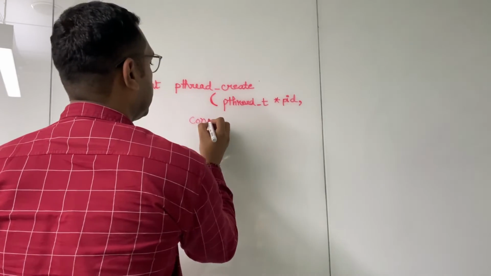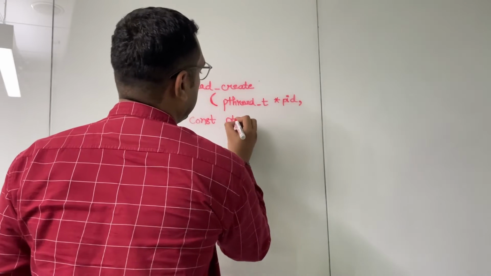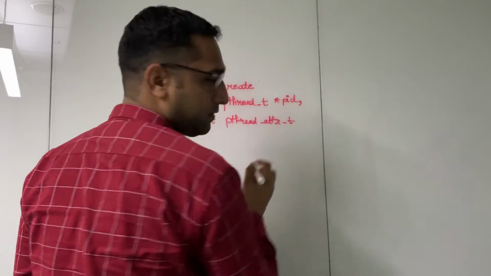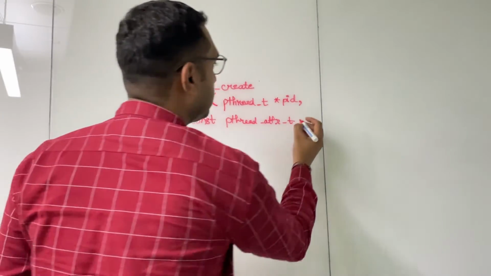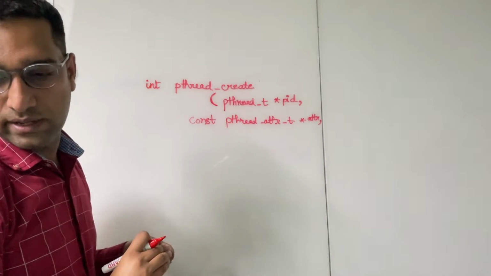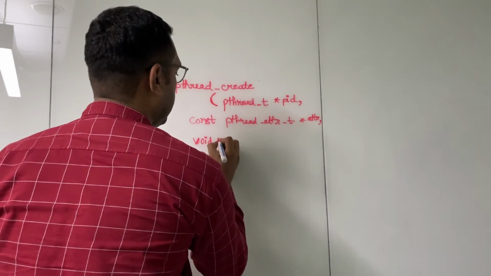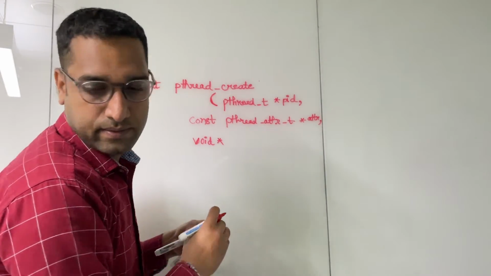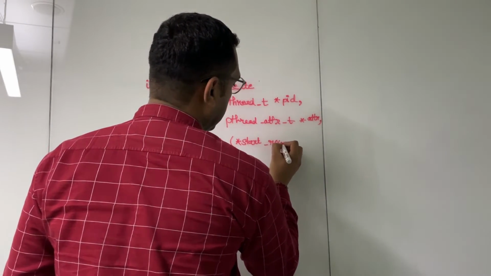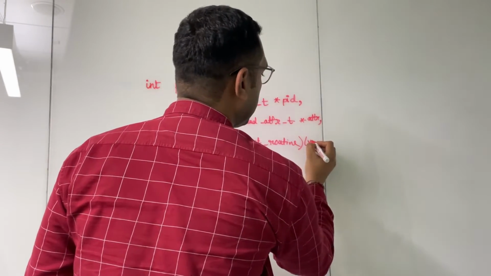The second parameter is the pthread attribute. It's a const; we won't be able to change it once this function call is made. pthread_attr_t and asterisk attr, let's say. The third argument is the start routine: void asterisk, it returns a pointer, your start routine pointer, and it takes the argument also as void asterisk.